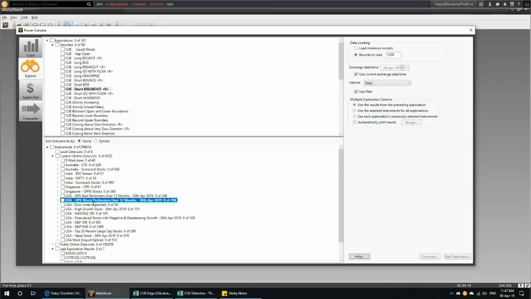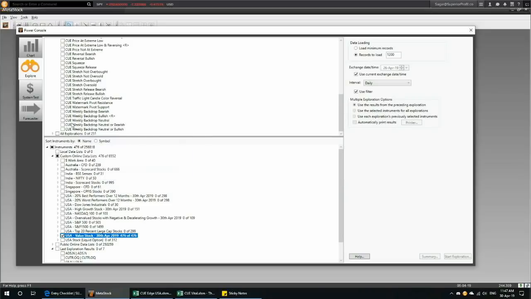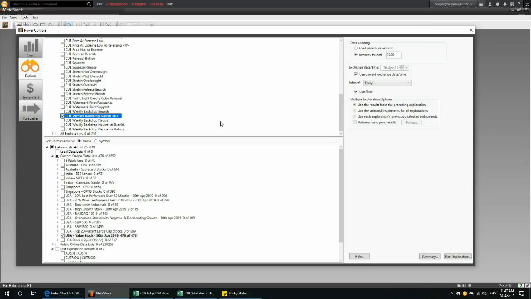For the stock list, I am now going to use the list that is for value stocks. I created it today early morning. It has 476 stocks. These are based on fundamental calculation of Q Vital. And I'm going to look for stocks that are having weekly candle color as bullish. Weekly backdrop candle color is bullish. And I'm going to run it on weekly interval because I'm looking for weekly candle color to be bullish.